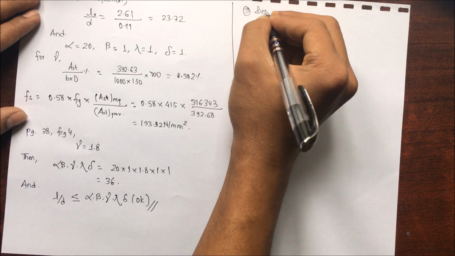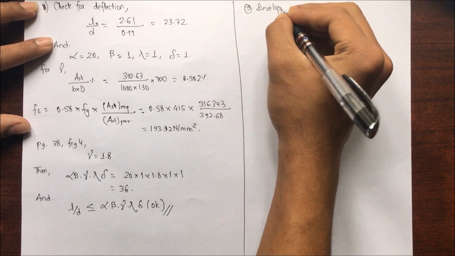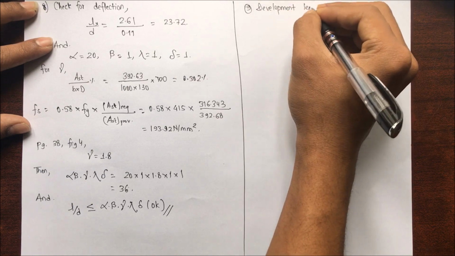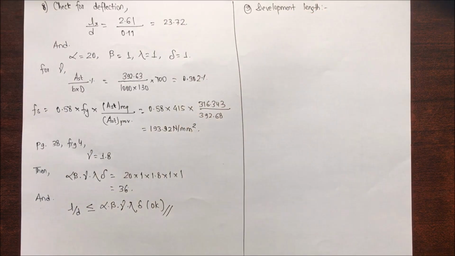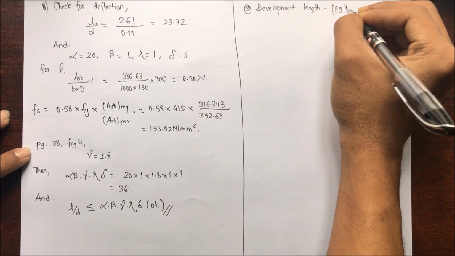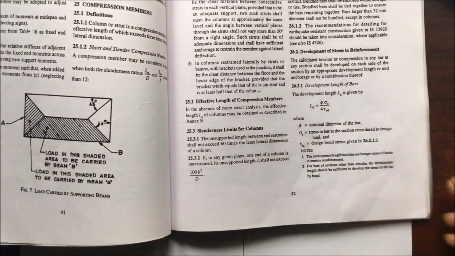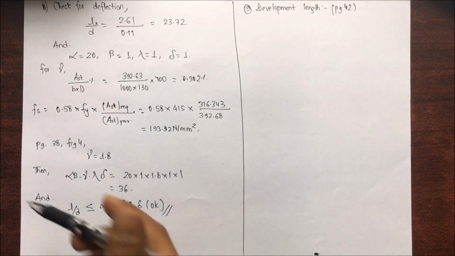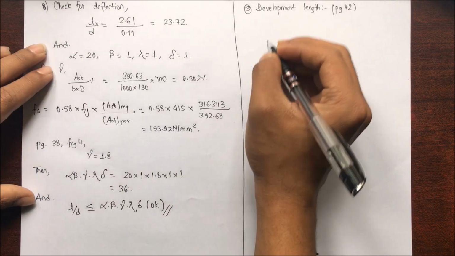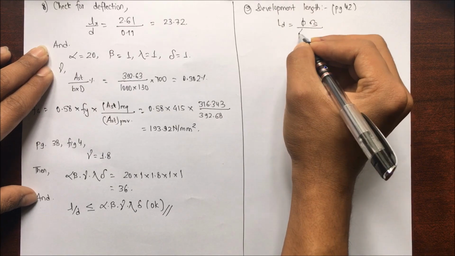Step 9, that is development length. So development length is also taken from the codal provision from page 42. LD is equal to 5 lambda S by 4 into tau BD.